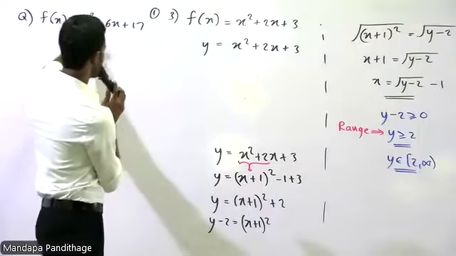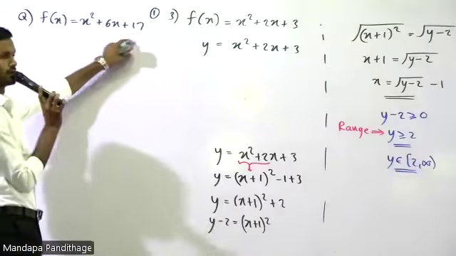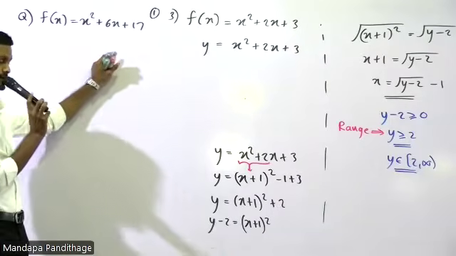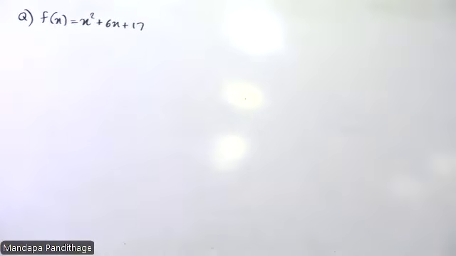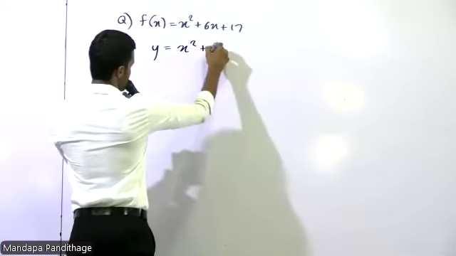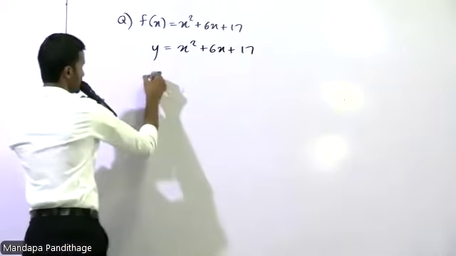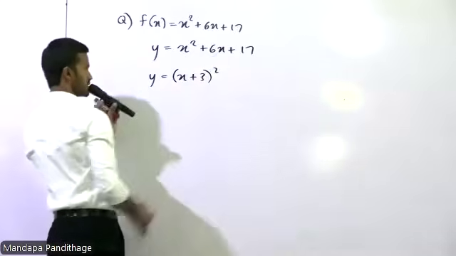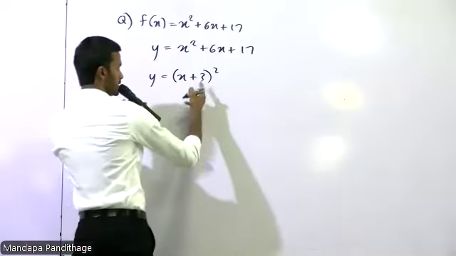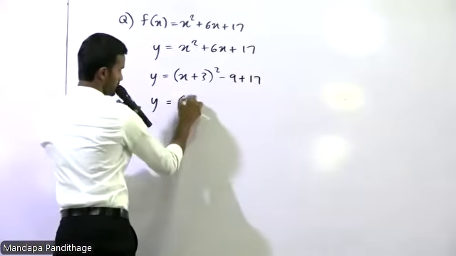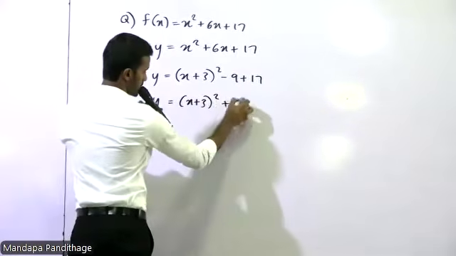What we got here is x squared plus 6x plus 17. Okay, so here how can we subject x? Same thing. y is equal to x squared plus 6x plus 17. So when you complete squares, it's x plus 3. So how did 3 come? It's half of 6, which is 3. And then 3 squared should be taken out, minus 9 plus 17, which gives me y is equal to x plus 3 squared plus 8.